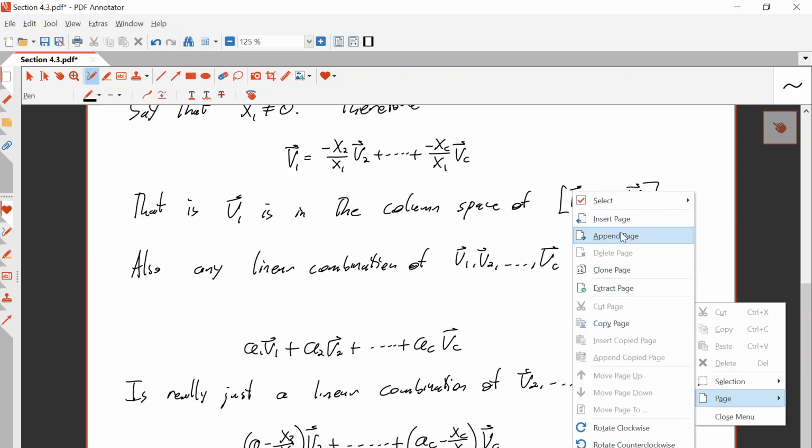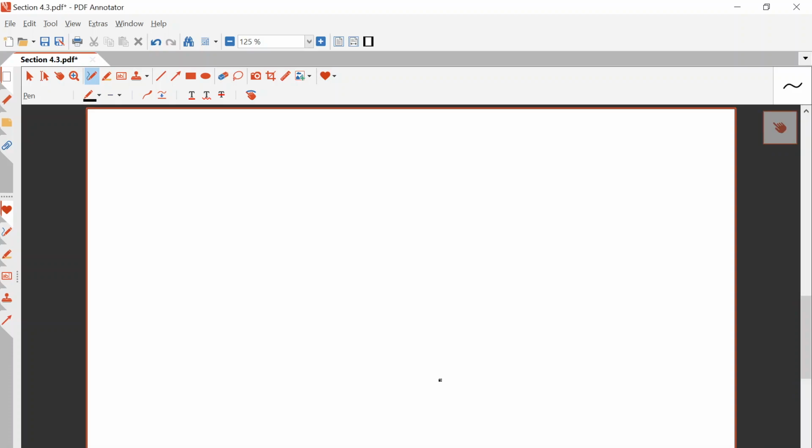That is, the column space of the vectors v2 to vc is equal to the column space of the vectors v1 to vc, or the span, or whatever you want to call it.